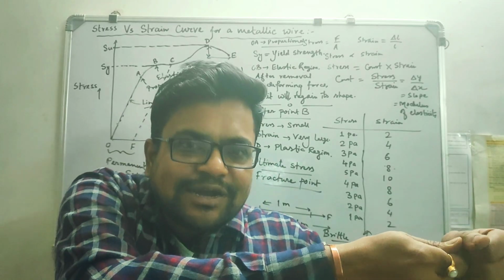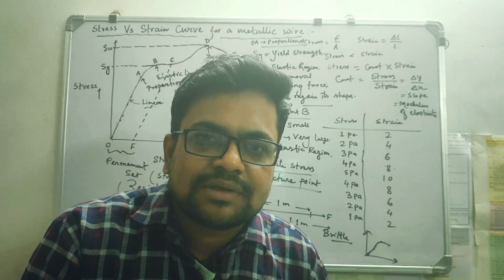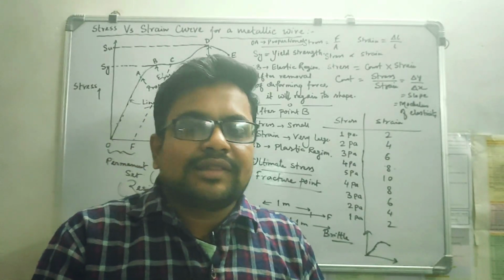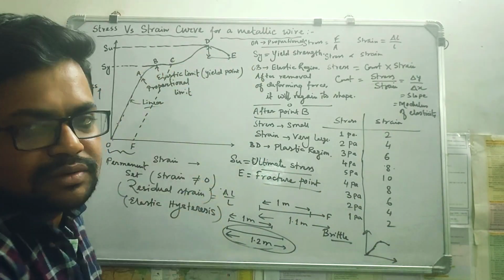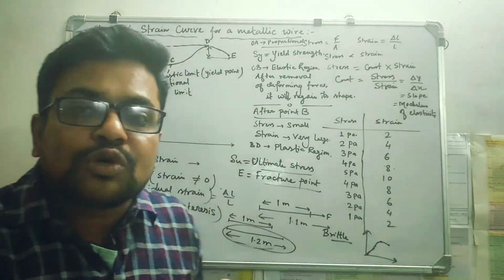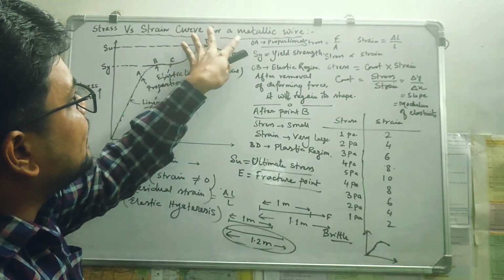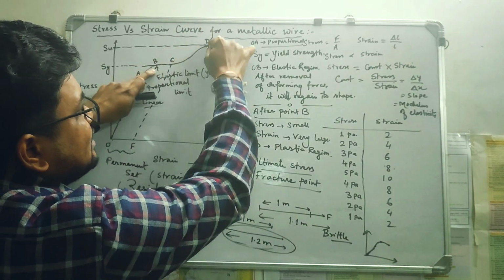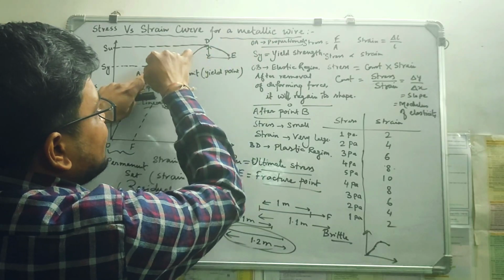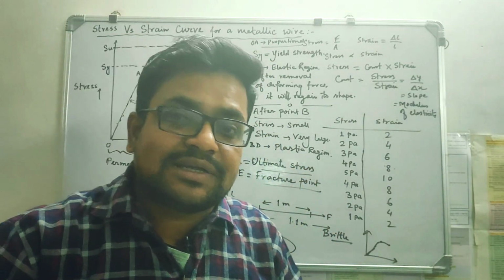If you try to put more force on it, it will break into pieces. In the case of ductile material, the elastic zone and the plastic zone are very large, or you can say the elastic point and the fracture point are very far away from each other.